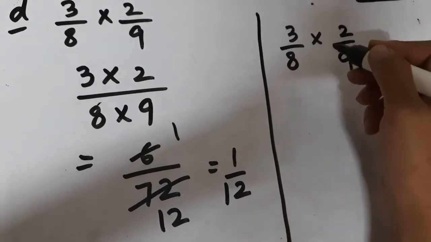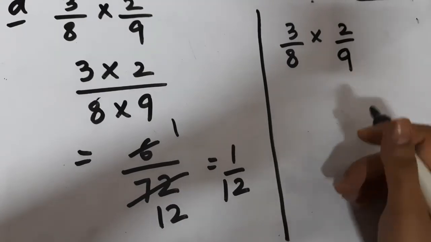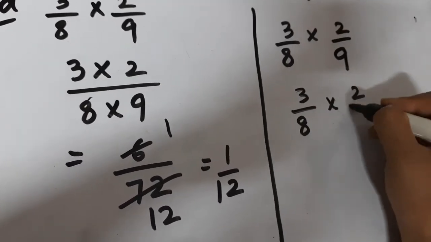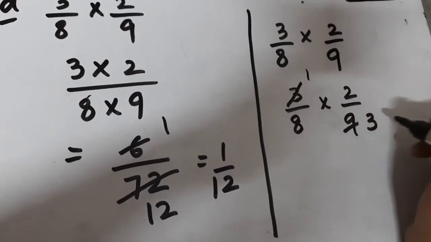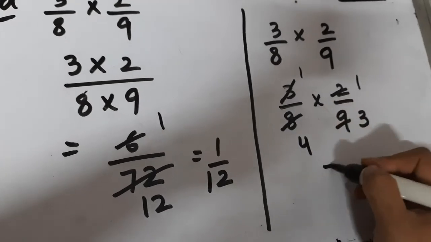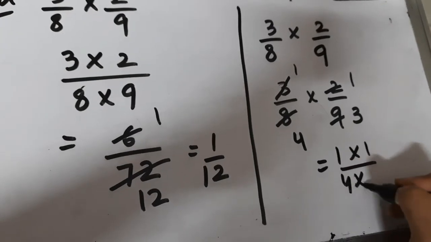We simplify the numerator with the denominator. Now see, 3 upon 8 multiply by 2 upon 9. 3 ones are 3, 3 threes are 9. 2 ones are 2, 2 fours are 8. So this will be, multiply the numerators and the denominators.